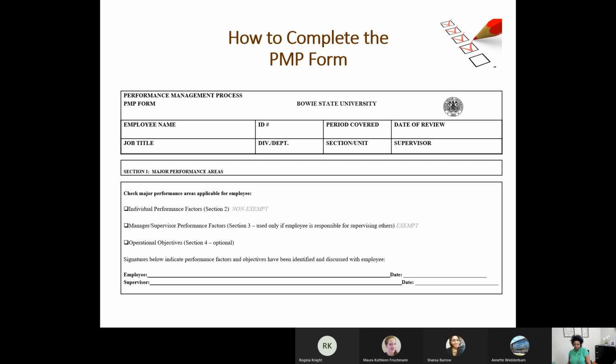For example, when the president started to issue the Presidential Achievement Awards, that's a process that I manage, so now it's under my operational objectives. And so that's section 1, and section 4 is for the employee to sign and you to sign.